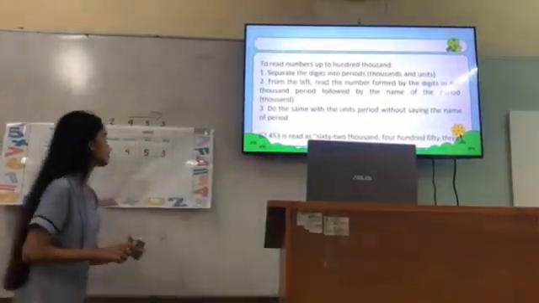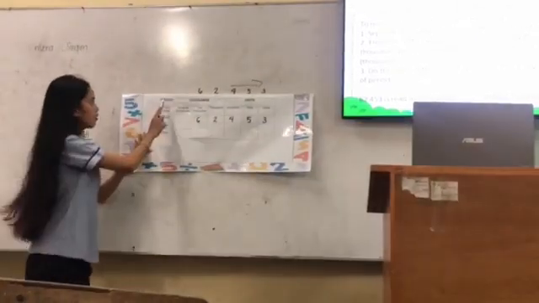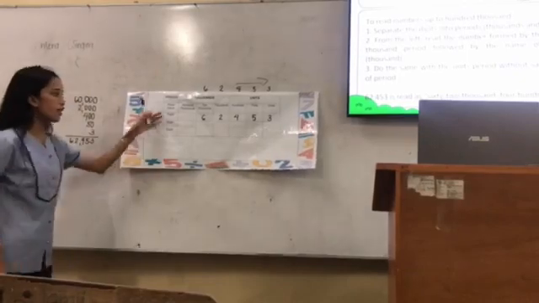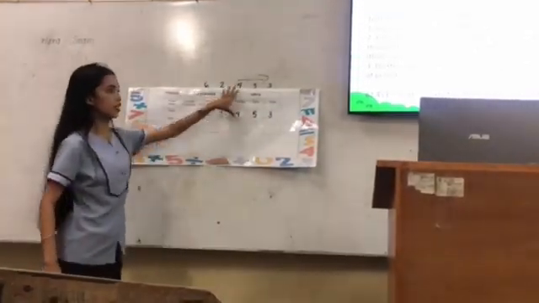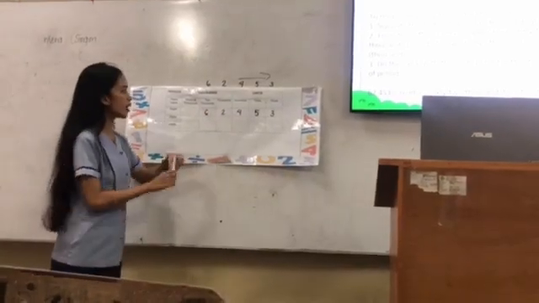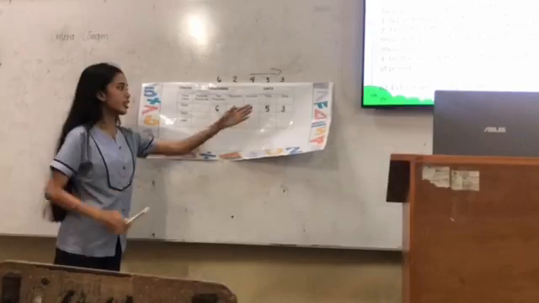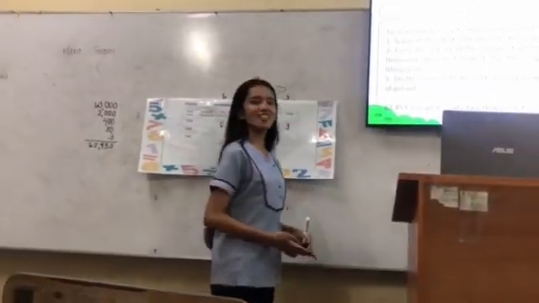We have here 3 tables: periods, thousands, and units. Now, if the numbers are divided by thousands and units, you are going to put a comma before the hundreds. Okay? Do you understand, class?